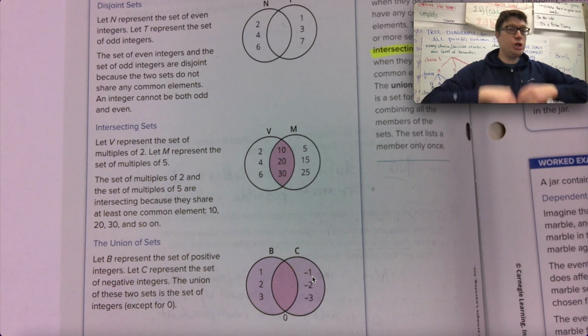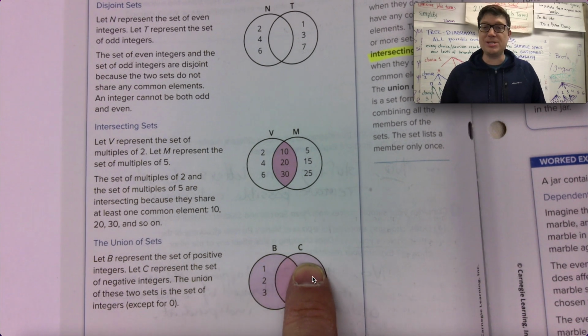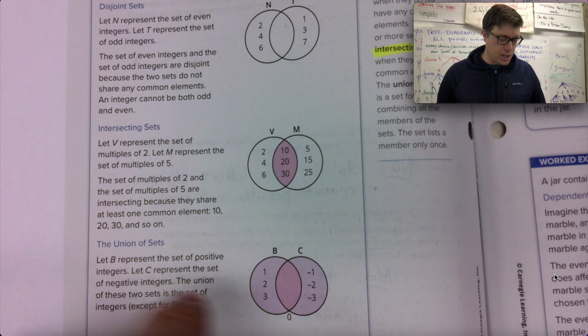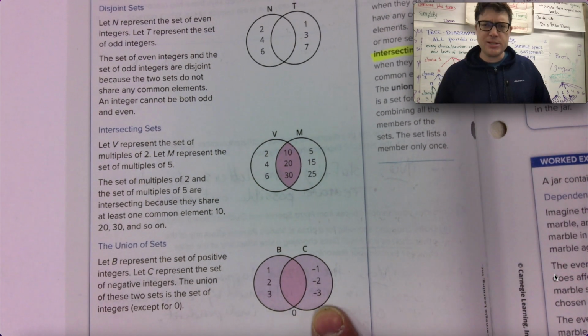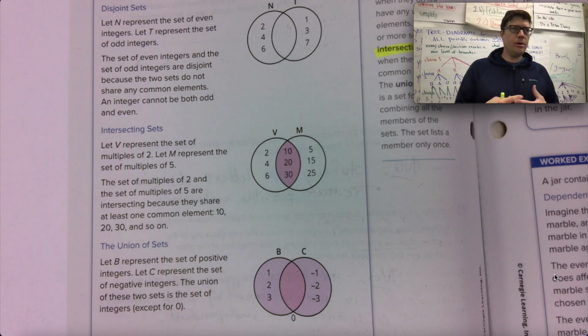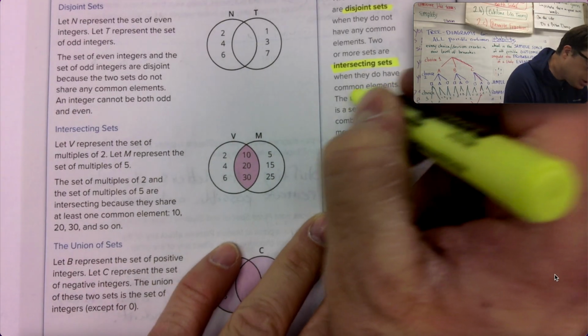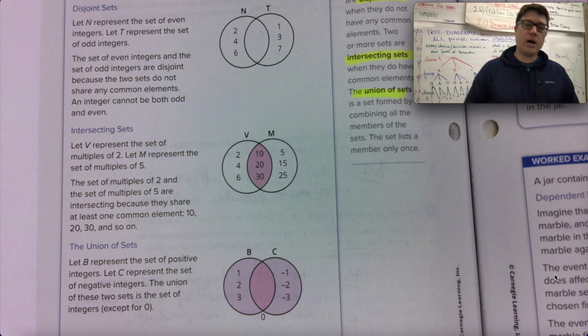Last of all is the union of sets. If we're filling up two circles, circle B and circle C, in the first case B is positive numbers and C is negative numbers, and there's no intersection. There's no intersection between the positive numbers on one side and the negative numbers on the other.